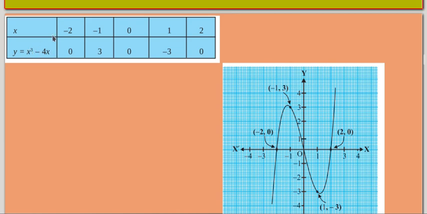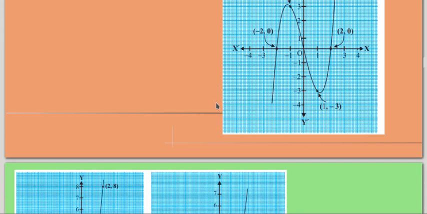For this polynomial, if we take some values for x randomly and substitute the x value here, we will get the corresponding y value. Like that, if we get the points and plot the graph, the cubic polynomial will come in this manner, crossing the x-axis at three different places. So it is the graph of a cubic polynomial.